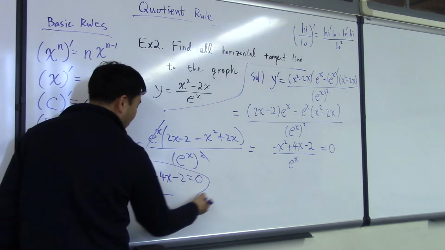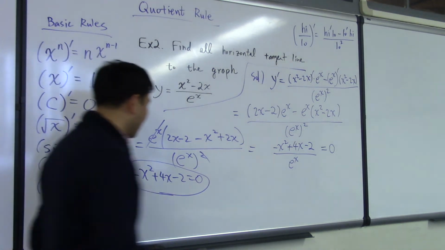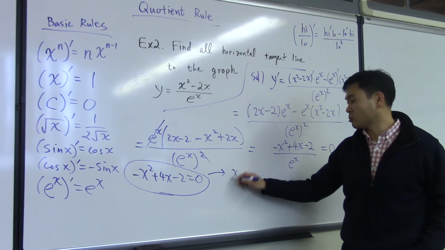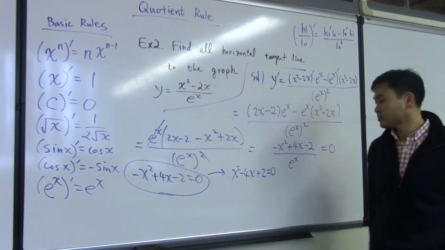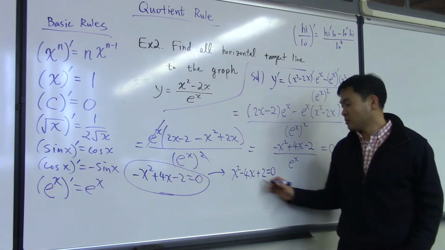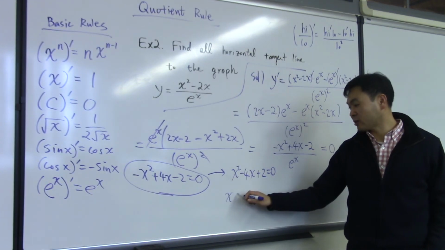I don't like minuses in front, so let me multiply by negative 1 everywhere. So it becomes x squared minus 4x plus 2 equal to 0. You don't have to, but I like to. Now you can use the quadratic formula.